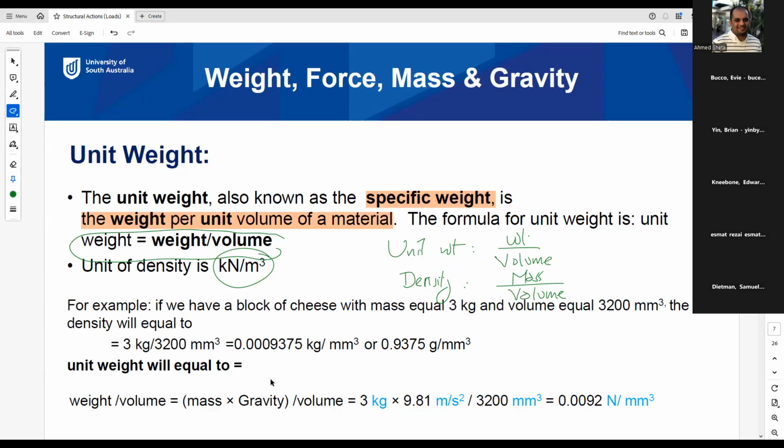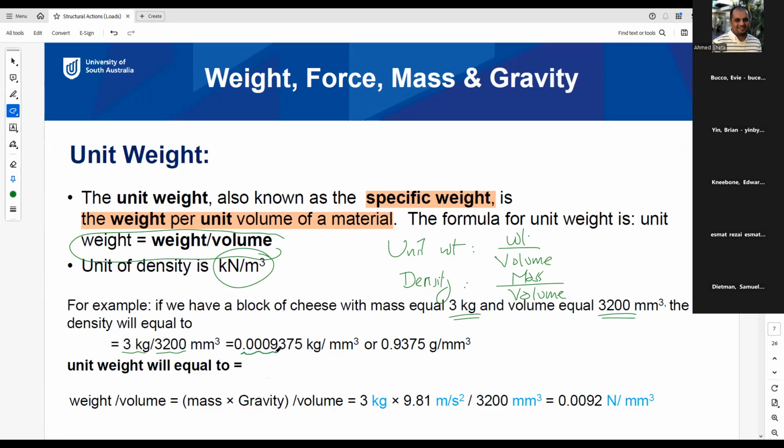So another example, if we have a block of cheese with a mass of 3 kilogram and a volume of 3200 cubic millimeter. So the density will be equal to 3 kilogram over 3200 cubic millimeter.